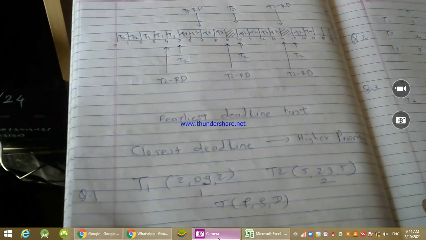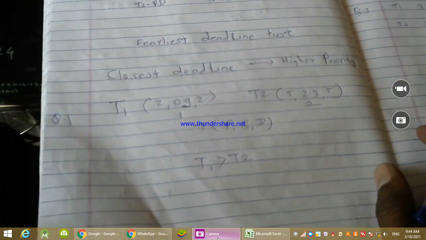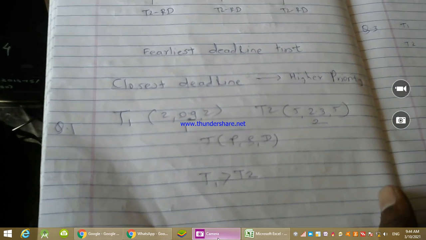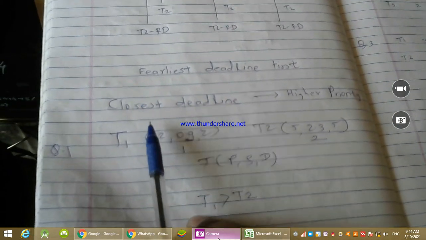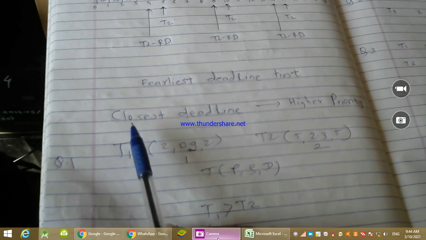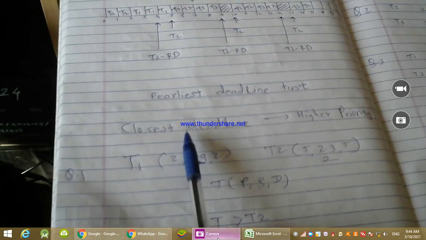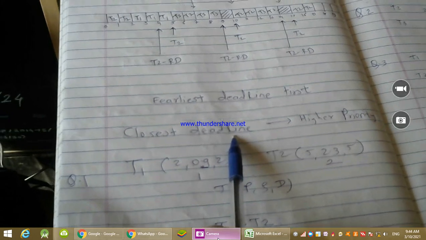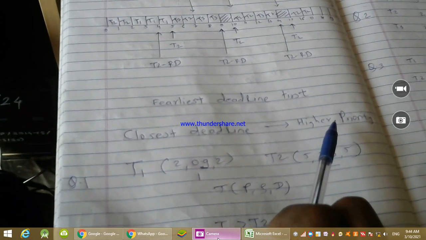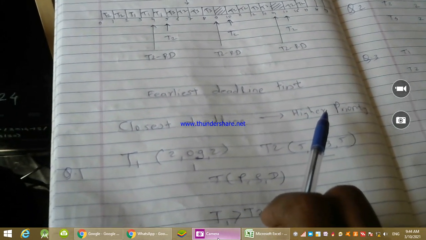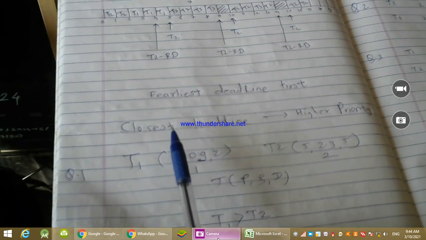So here also we have to apply the same kind of logic to find the priority of a particular task. What concept do we use here? Closest deadline. The task having the closest deadline gets high priority, which means the system will allocate the resources to that task.